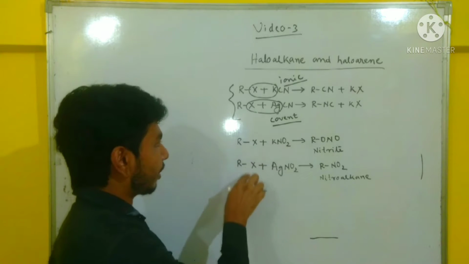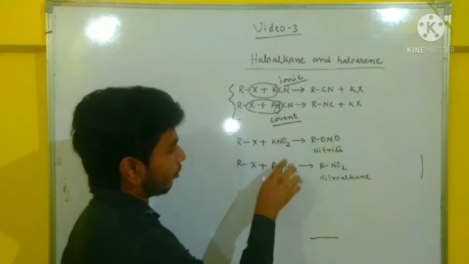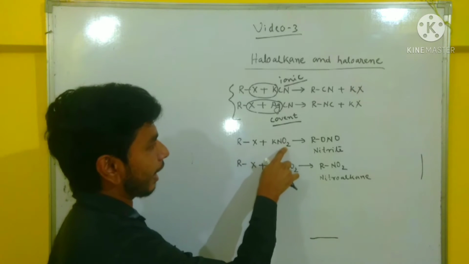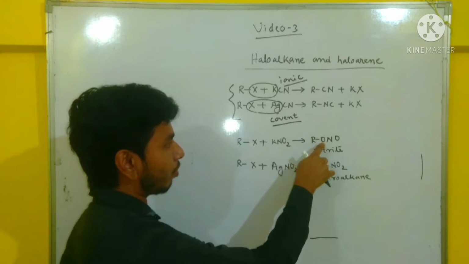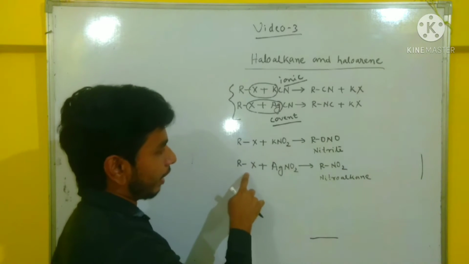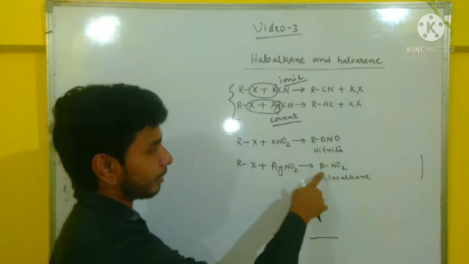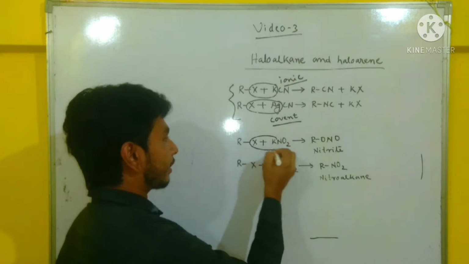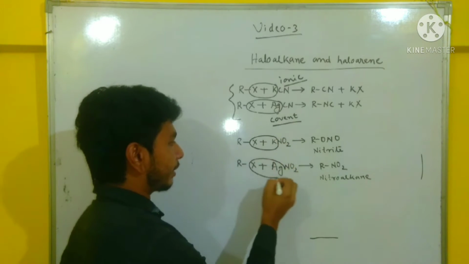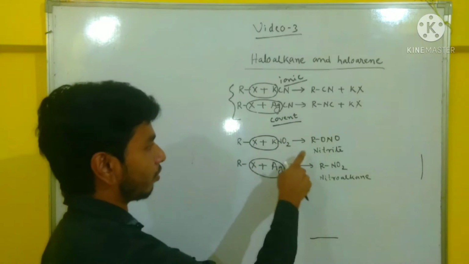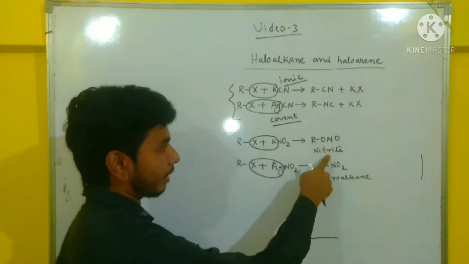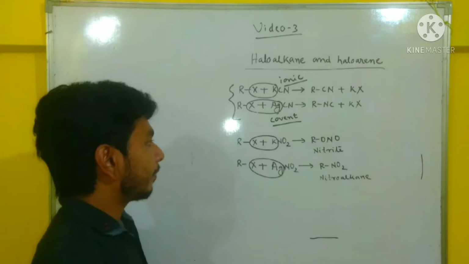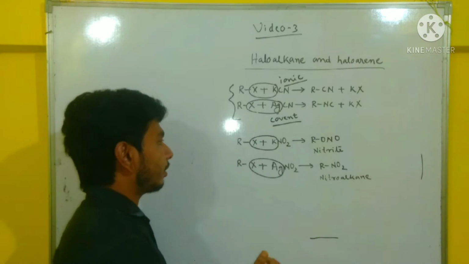Now another two reactions are with KNO2 and AgNO2. So RX plus KNO2 gives the RONO and RX plus AgNO2 gives the RNO2. So here K and X, KX is removed, here Ag and X, AgX is removed. So here also one gives the nitrite, the other gives the nitroalkane. Now why does this happen?